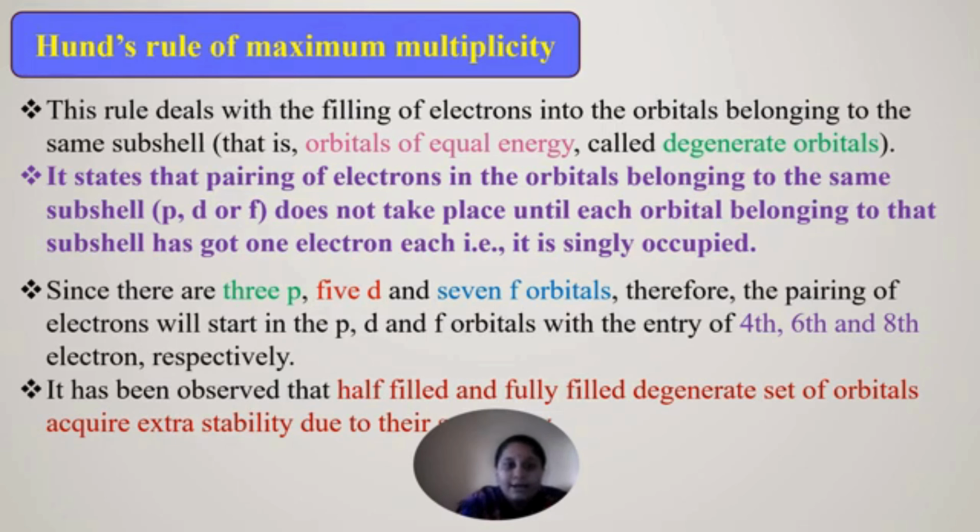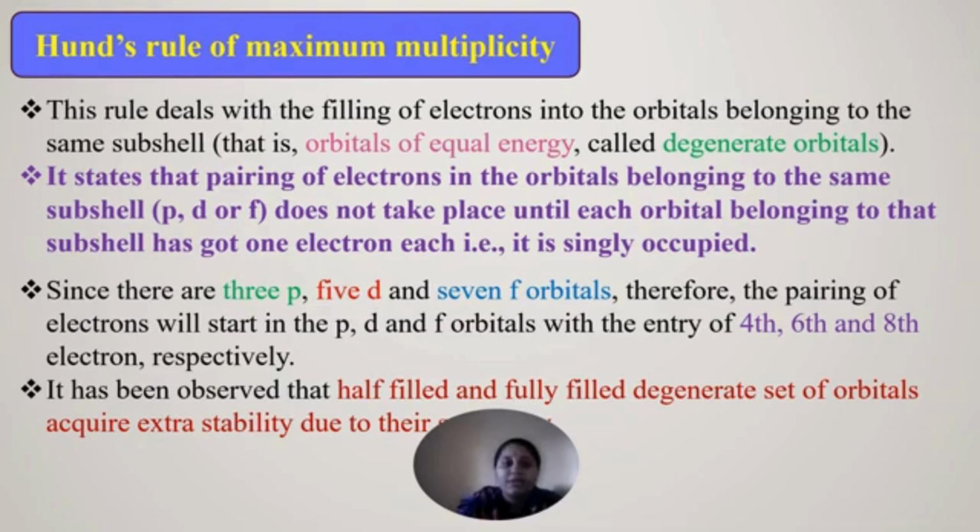It states that pairing of electrons in the orbitals belonging to the same subshell, that is p, d or f, does not take place until each orbital belonging to that subshell has one electron, that is, singly occupied.